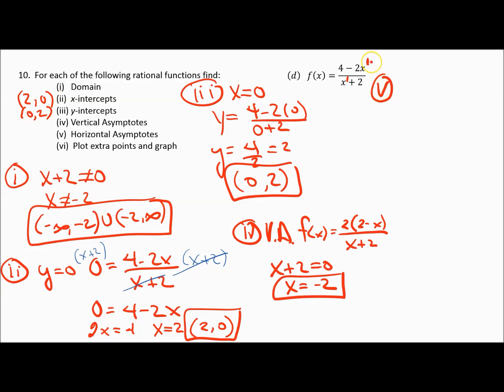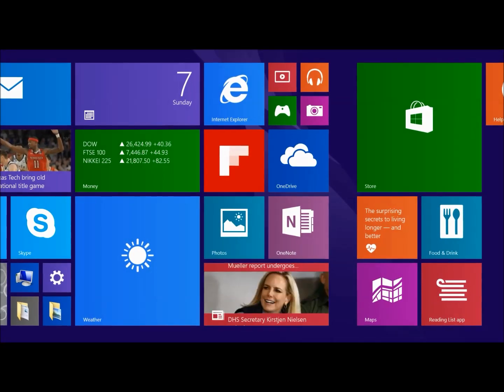If the top is larger, it'd be automatically no horizontal. But they match like the other three, and so it would be y equals the leading coefficient of the numerator, which is actually -2, divided by the leading coefficient of the denominator, which is actually 1. So I've got -2 over 1, which gives me y is equal to -2.